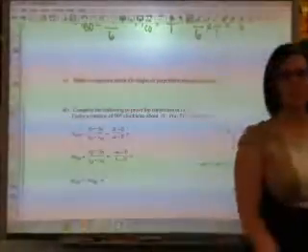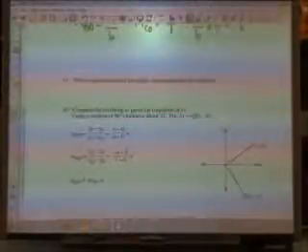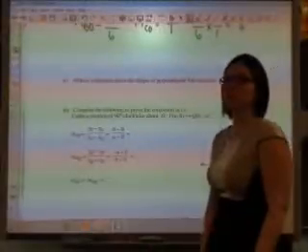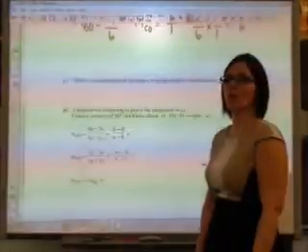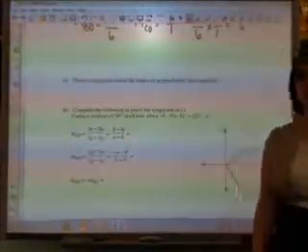So what conjecture can we draw about perpendicular lines? What can you tell me about the product of their slopes? Product meaning to do what? Multiply them. So what can you tell me about when I multiply their slopes together? You get -1.